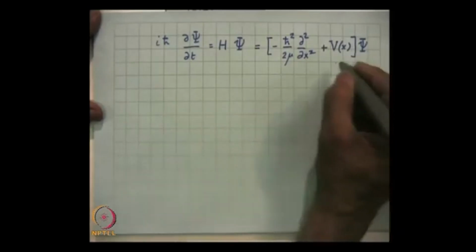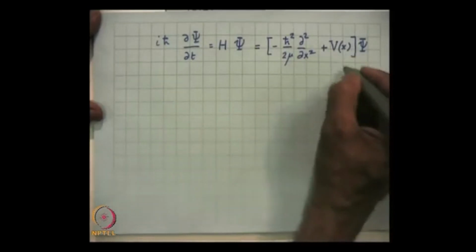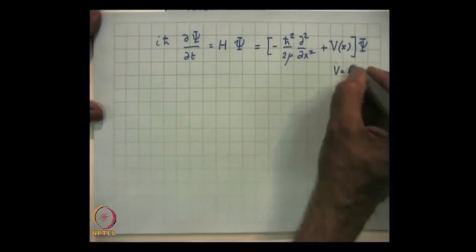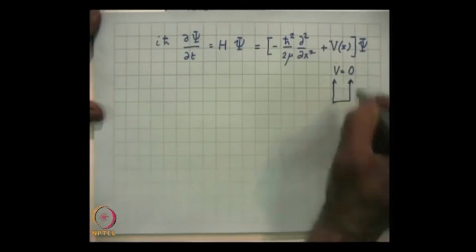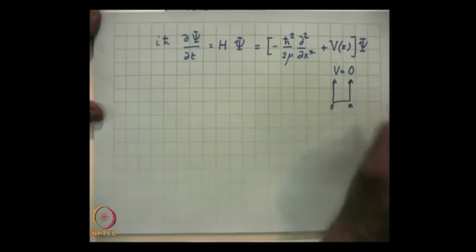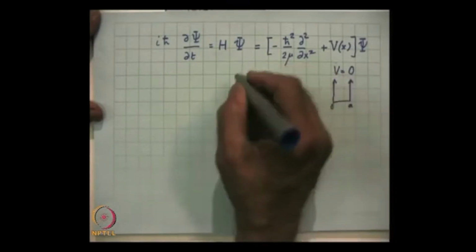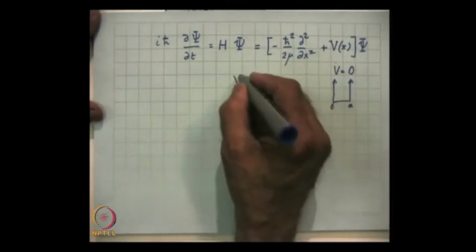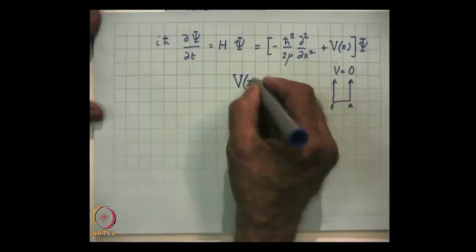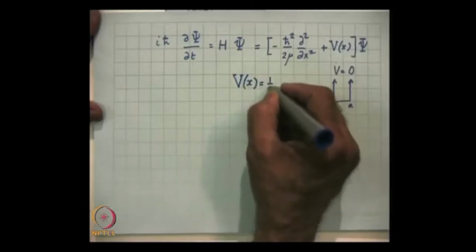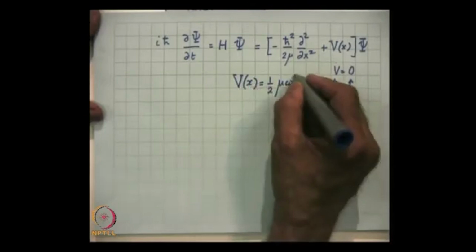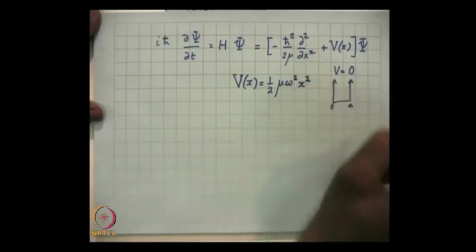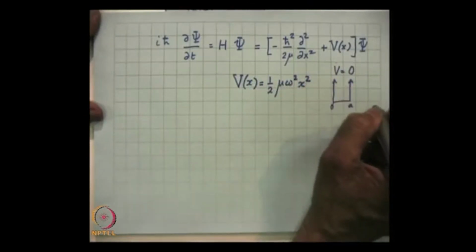Now, we have solved this equation for the free particle, where V of x is 0. We have solved this equation for a particle in a box problem, as I just now mentioned, confined in a one-dimensional infinitely deep potential. Today, we will give the solutions corresponding to the harmonic oscillator problem, for which V of x is given by half mu omega square x square.